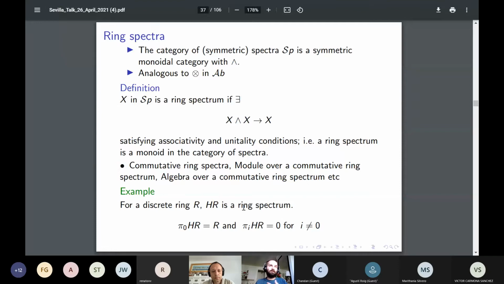So basically, spectra see all the information about classical rings in themselves. So ring spectra generalize classical rings in that sense. And one can think about the K-theory of this ring spectrum HR, and as expected, that turns out to be equivalent to the K-theory of the ring R, in the sense defined by Quillen. So the definition of K-theory is compatible with the classical definition.